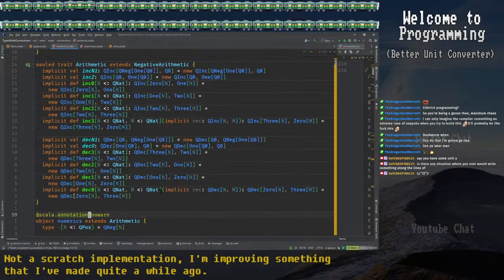Yeah, it looks like we need some more arithmetic.